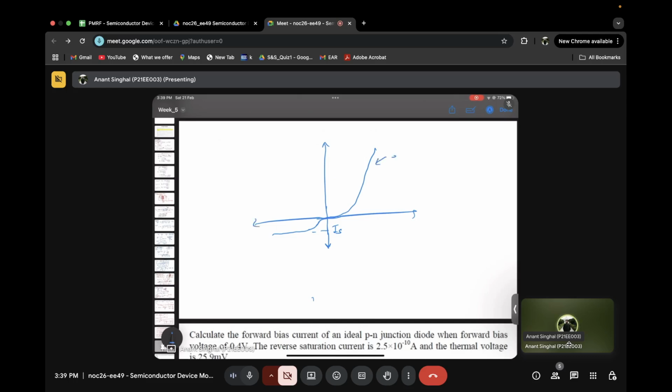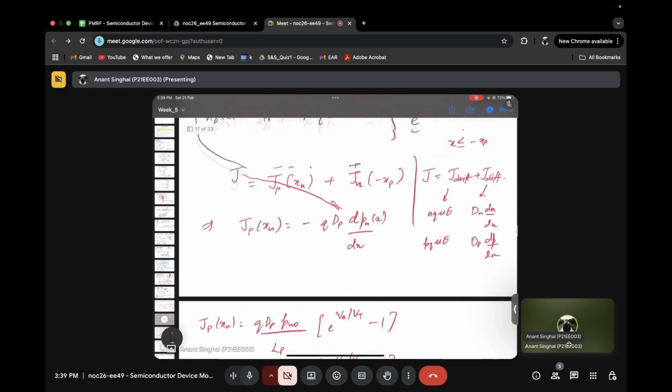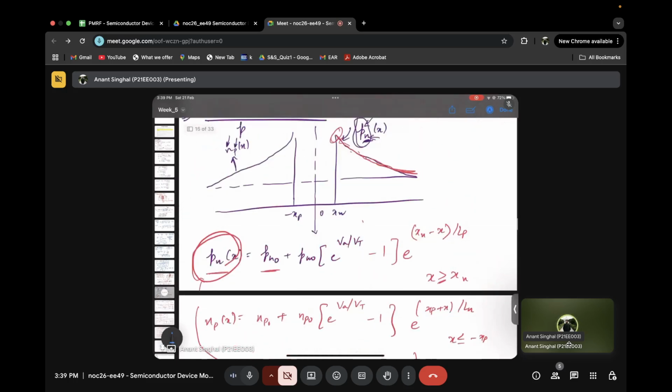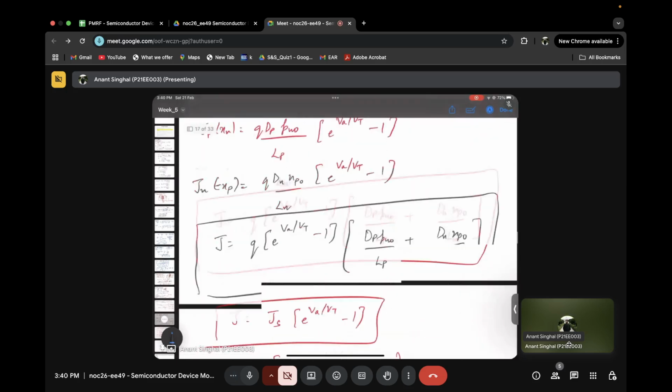And this is the exponential nature. At the same time, there is a breakdown that happens in reverse bias, which is the reverse bias breakdown voltage. So this is the plot that you also see in general in the books. If you want a very detailed derivation of how this p_n and n_p have come, you can go through the lecture from Professor Vivek Dikshit. He must have explained how these two terms are coming from.